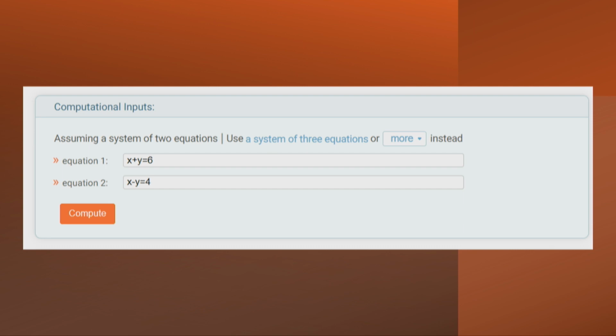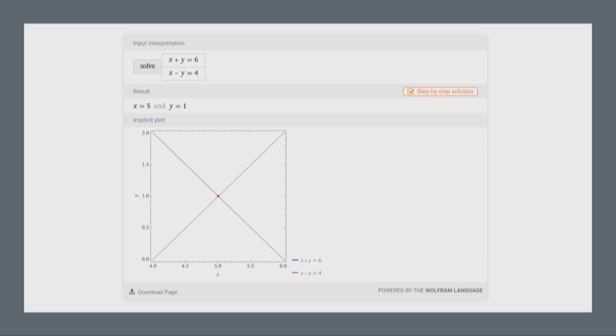And when I click on compute, I get the graphical solution, so x is equal to 5 and y equal to 1. So you can try to formulate your own equations, or you can take the equations given in the exercises, you work them out, and then you check your answers using this online calculator.